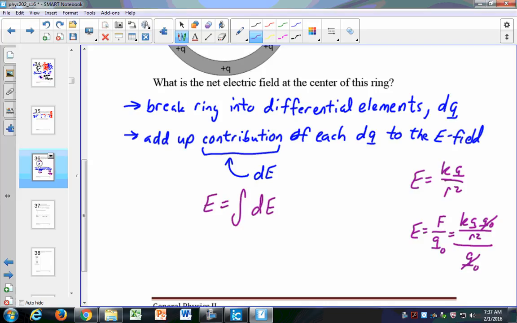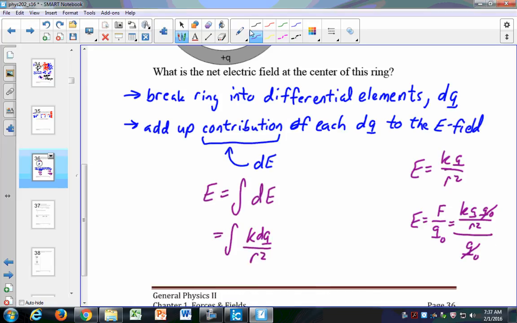It just comes from Coulomb's law. You already had that introduction a day or two ago. So this is going to be equal to the integral of K dq over R squared. Now this is a very simple integral because the value dq doesn't depend upon R, because every piece of dq is going to be the same distance from the center for this particular configuration.